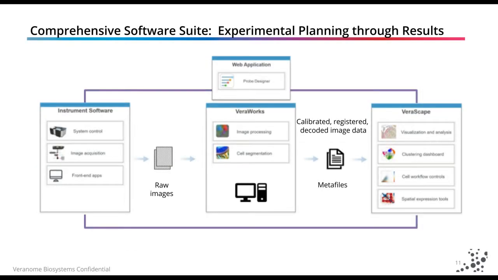Part of our solution includes a comprehensive software suite that allows researchers to plan their experiment, operate the instrumentation, collect their data, and analyze the results. So on the left-hand side, we see the instrument software that allows the researcher to set up their experiments and detail the sample-specific information associated with a particular run. We have a web application that allows researchers to design their targets or identify which panels they're using.